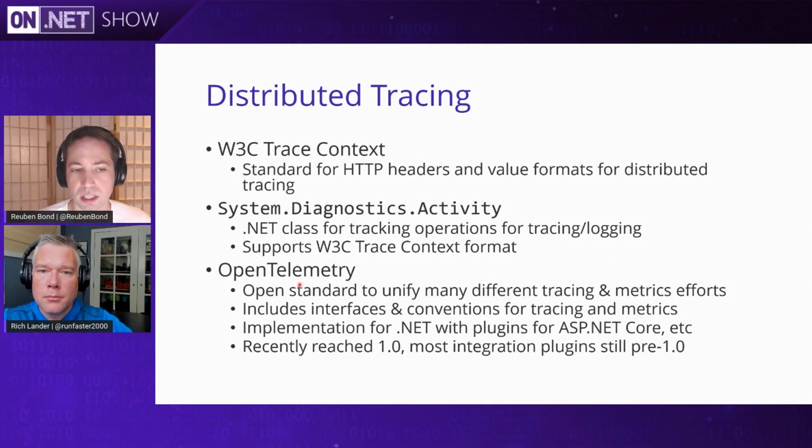But then there's also this system called OpenTelemetry, an open standard that unifies a whole bunch of other efforts for tracing and metrics and brings them together under one common API and specification. So it talks about conventions and an API for implementing these things. It recently hit 1.0, and now there is support for integrating with ASP.NET Core.